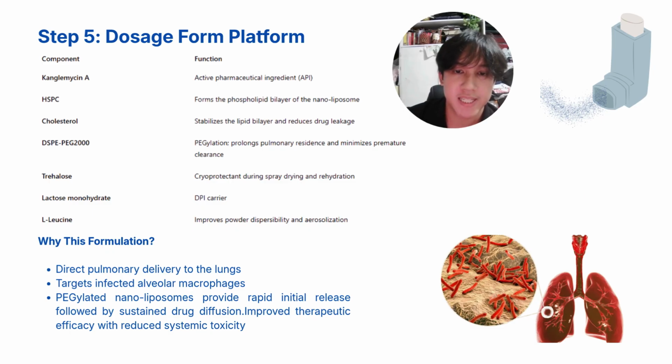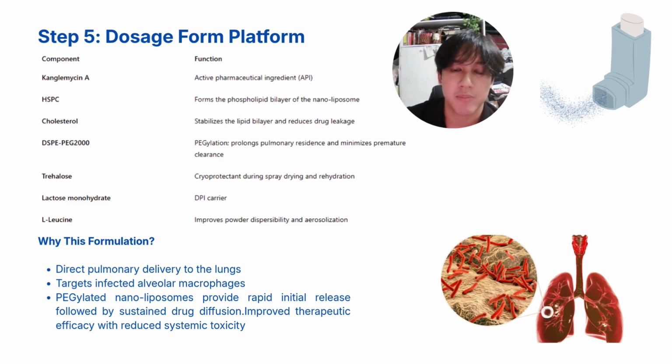Finally, we selected the components of our formulation. Kanglemycin A serves as the active pharmaceutical ingredient. HSPC and cholesterol form the nanoliposomal membrane and help improve its structural stability by reducing premature drug leakage. DSPE-PEG 2000 provides a protective PEG layer that prolongs the residence time of the liposomes in the lungs before they are cleared.